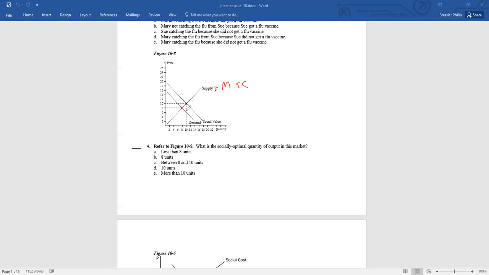At the market value, is marginal social value greater or less than the price at the market? Well, the price at the market is 8, but if I look at the marginal social benefit at that quantity, I have to scroll up here, and that's probably closer to 14 or 13.